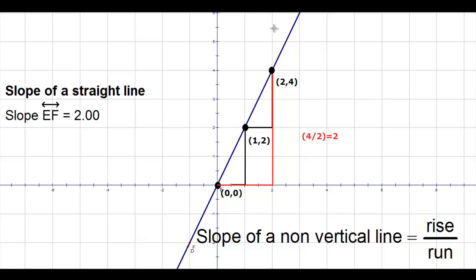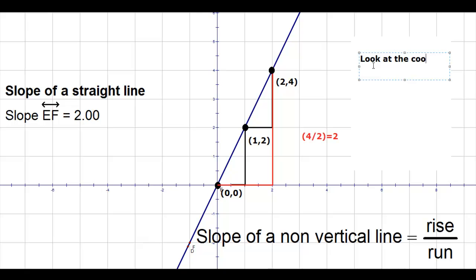So let's see some examples. To compute the slope of a line, all you have to do is choose or look at the coordinates of two different points on the line.